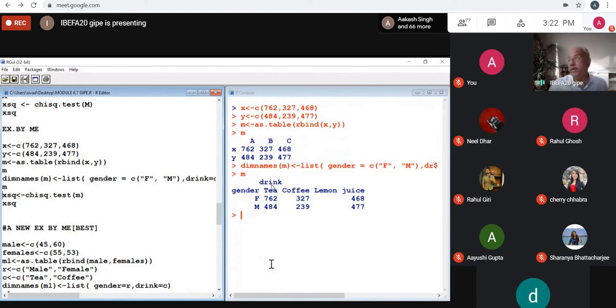Because I cannot write P1, P2 because plenty of P's are there. P1 equal to P2 equal to P3. P1 is the preference of tea. P2 is the preference of coffee. P3 is the preference of lemon juice. So instead of equality, in chi-square test we write there is no association.